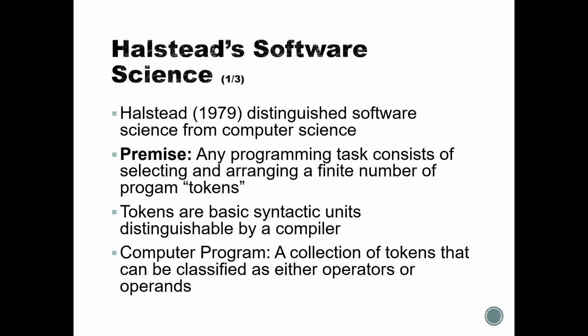The premise here is that any programming task is just arranging a finite number of program tokens, meaning that you have to add a finite number of commands, logical gates, variables, different things together to make something happen.